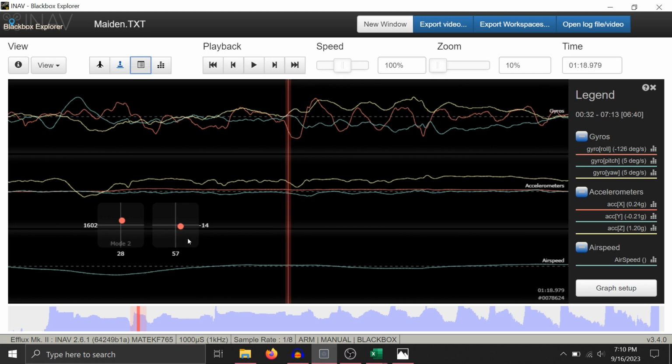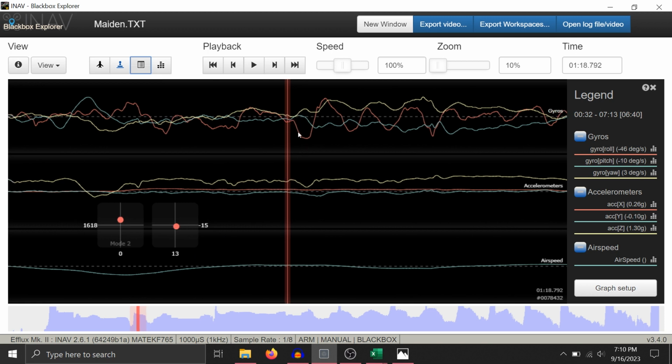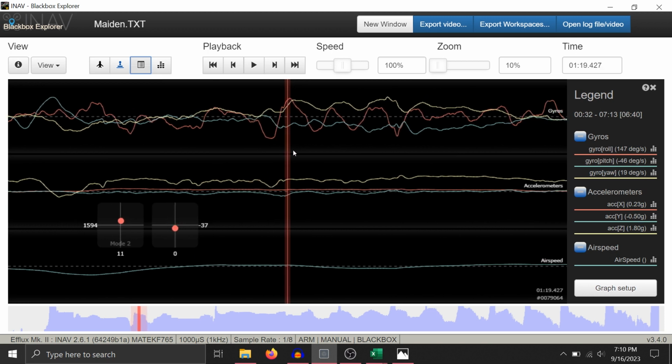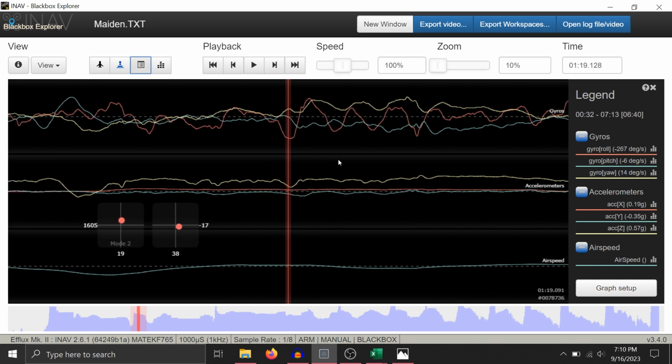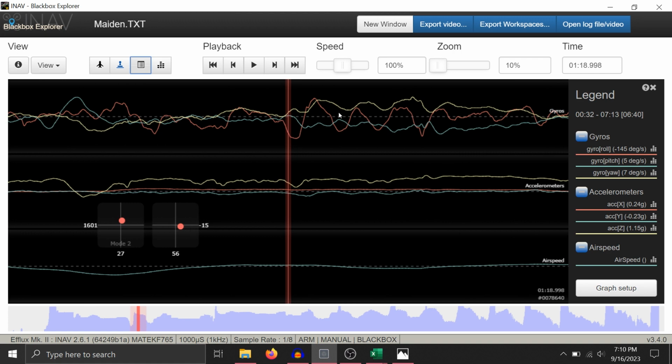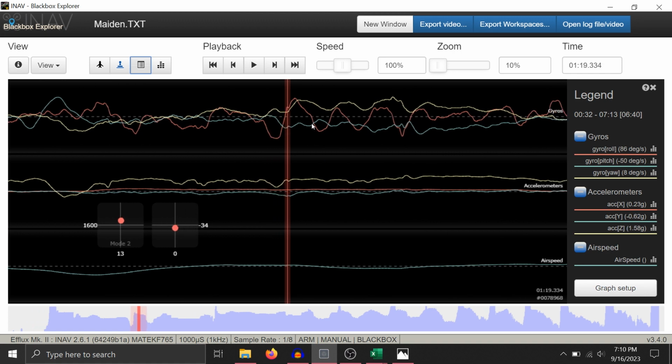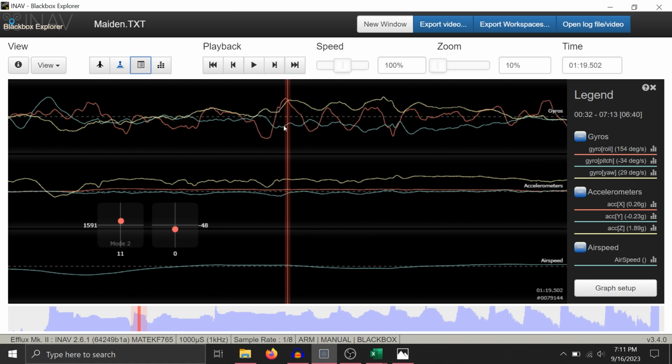So if you look at this number down here, this is the commanded roll input, and so if it goes positive, you expect the roll rate to go below the line, and if it goes negative to this side, you would expect the roll rate to go above the line. So you can see here that I'm commanding positive, and it goes down, and I bring it back to neutral, and then here it does go back a bit. I'm just dead center on the stick, I'm not having any roll control input, and it's actually rolling back to the other side.